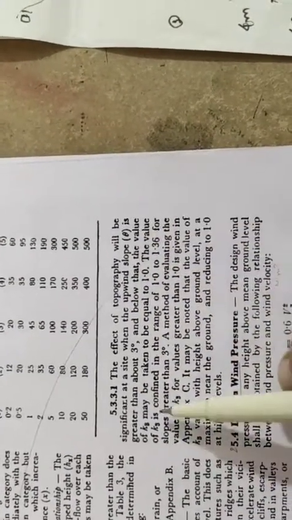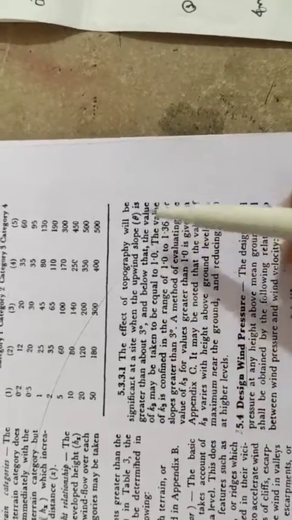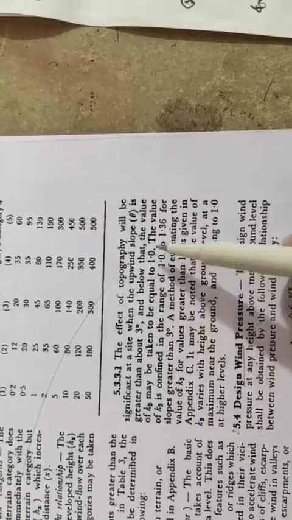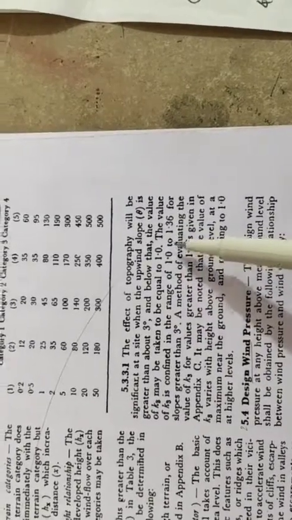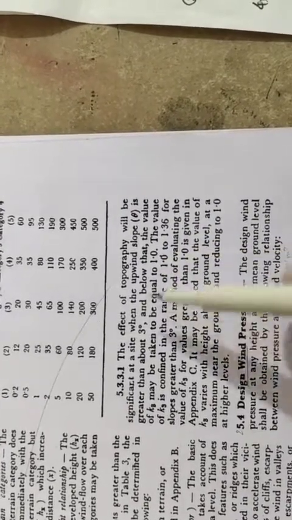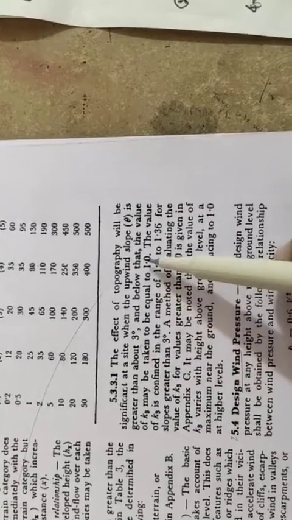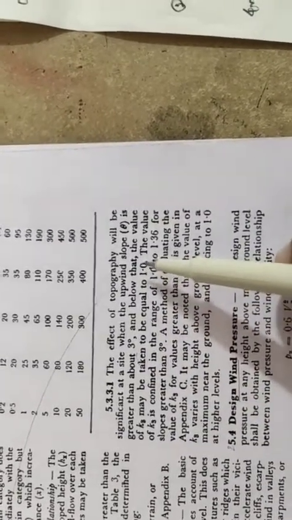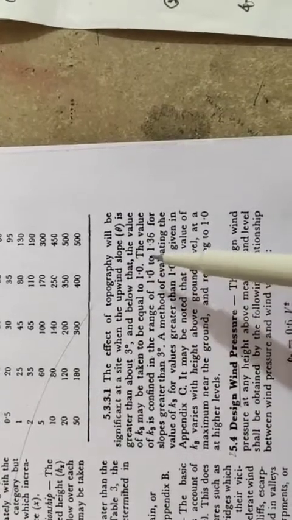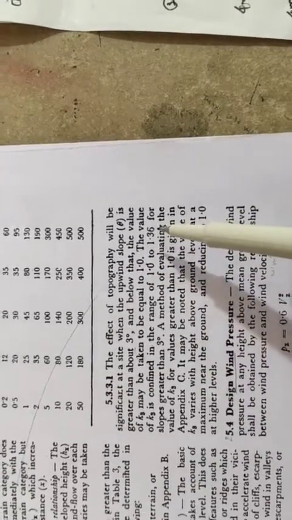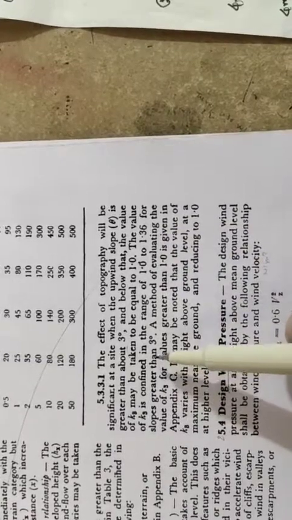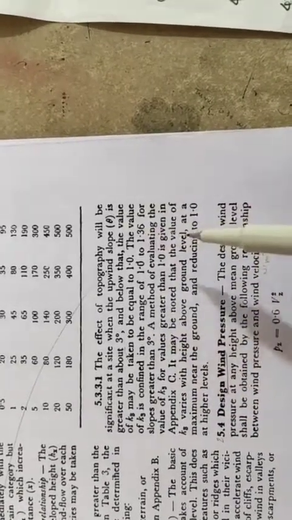So here the given criteria is: the effect of topography will be significant at a site when the upwind slope is greater than about 3 degree, and below that the value of K3 may be taken to be equal to 1.